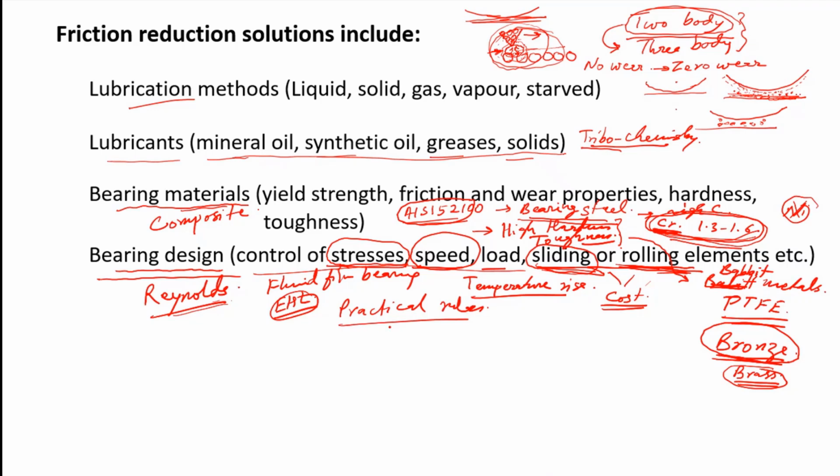That means people have conducted industrial experiments and devised rules based on empirical relations. We should know all those practical rules so that we can select a proper bearing design. All we need to know is how to select proper types of bearing so that we can manage our stress, speed and temperature.